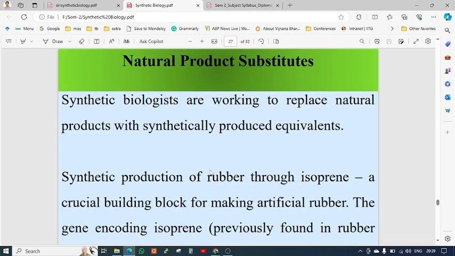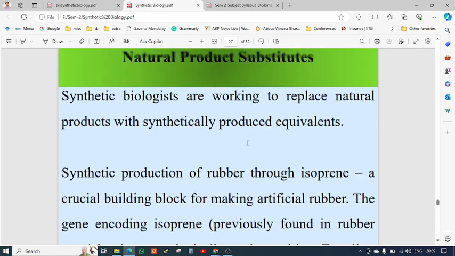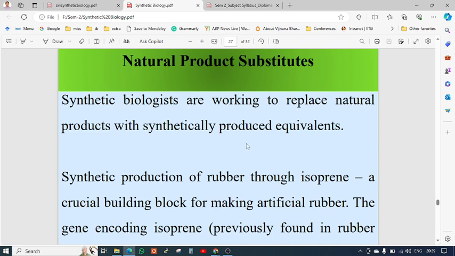Natural product substitutes. Synthetic biologists are also working to replace natural products with synthetically produced equivalents. Naturally, something is produced taking a longer time and the yield is also very low. But synthetically, we are designing organisms whose yield capacity is very high and which produce within minimum time.